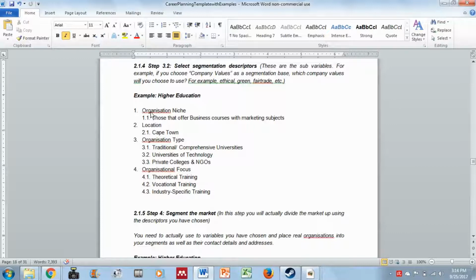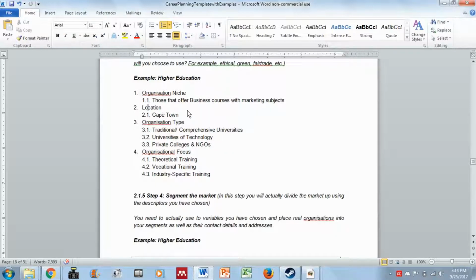For my example, organizational niche, I choose number 1.1, those that offer business courses with a marketing subject. That's very important because I teach marketing. So I can only work really in an organization at this point that offers business courses. Okay, so what they focus on. Then for location, I'd preferably like to work in Cape Town.